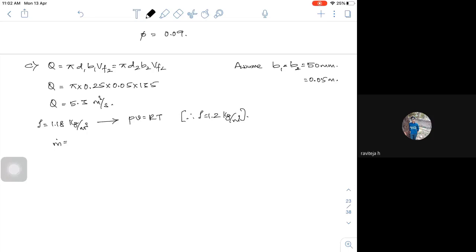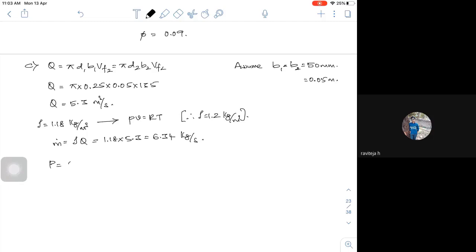So what will be the mass flow rate? Your mass flow rate is equal to rho into Q, which is 1.18 into 5.3, which is around 6.34 kg per second. Then what is my power?